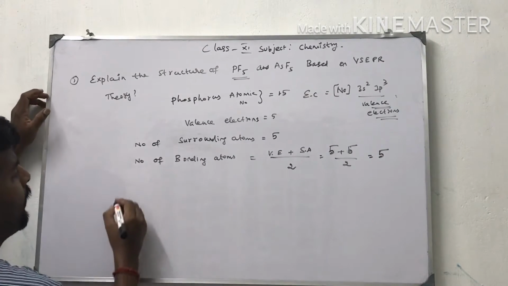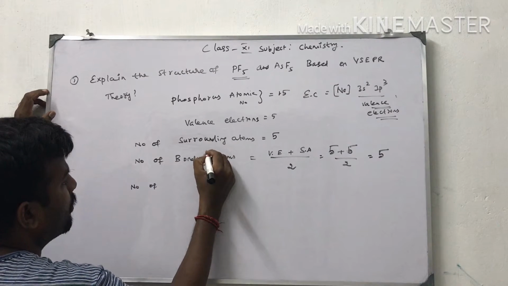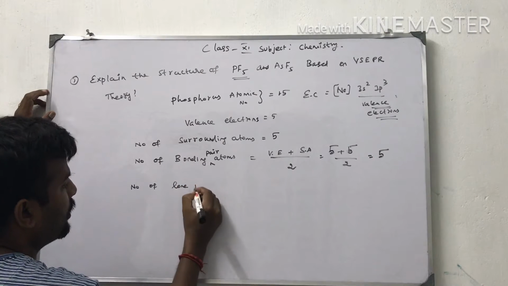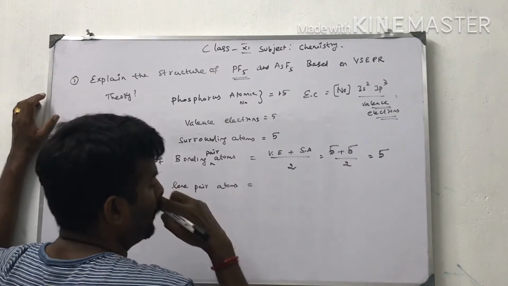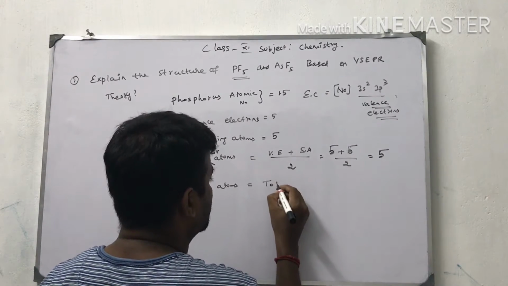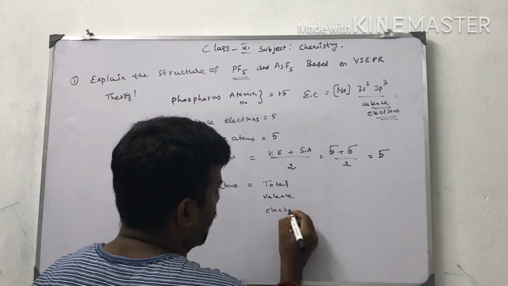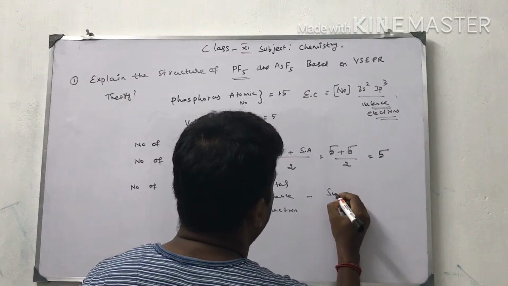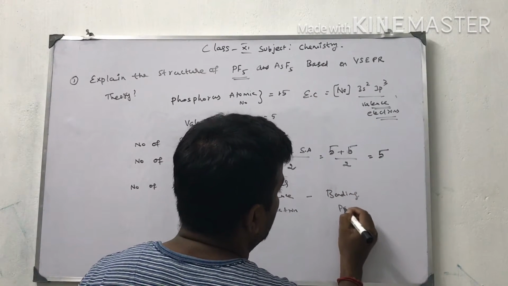Next one is the number of lone pairs. Number of lone pairs equals total valence electrons minus surrounding atoms, bonding pairs minus bonding pairs.